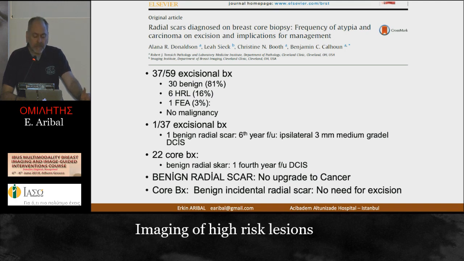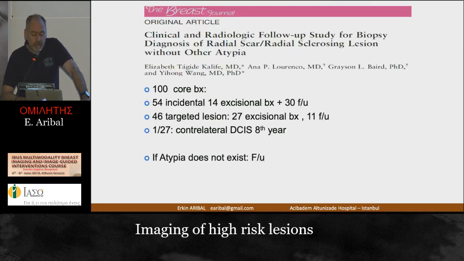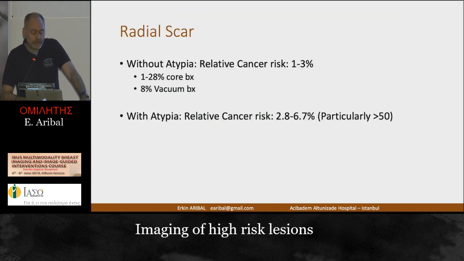If it's benign, there is almost no upgrade to cancer, and core biopsy of an incidental radial scar does not need an excision. And again, according to this study, you do not need to excise it if you do not see atypia. So atypia is the key word when judging these lesions.